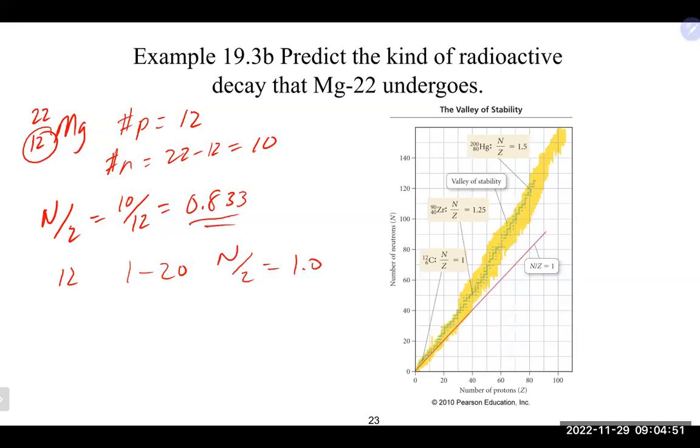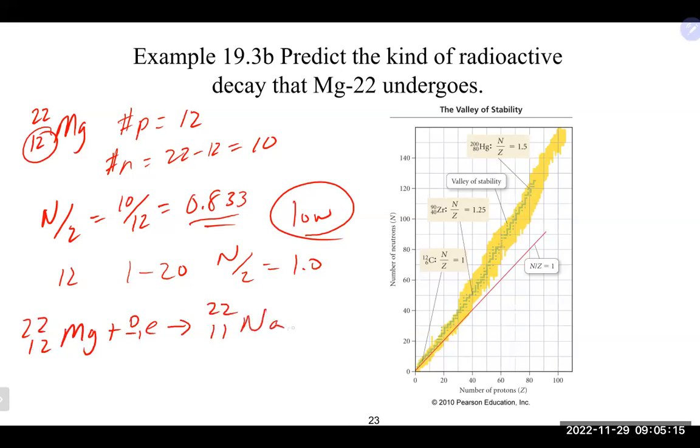In this case, 0.833 is a little bit on the low side. That means that it will go through one of two things, either a positron emission or an electron capture. That means that we would have magnesium-22 with atomic number 12. If we did an electron capture, it would give us an 11, 22, and sodium. Or it could go through a positron emission, which would also get us an 11 and a 22 and sodium in this case.